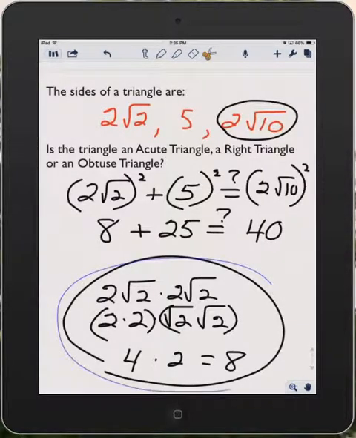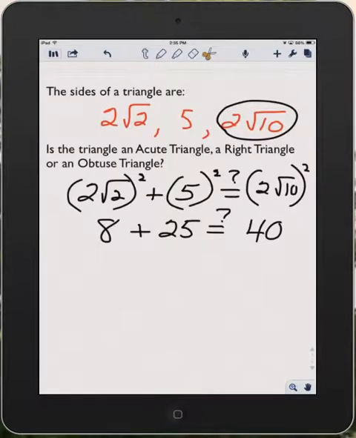So we'll get rid of everything down here, so we have some room to work with. And we have 8 plus 25 is 33. That obviously does not equal 40. So now we have to figure out, because we just realized that it's not a right triangle, which type of triangle is it?